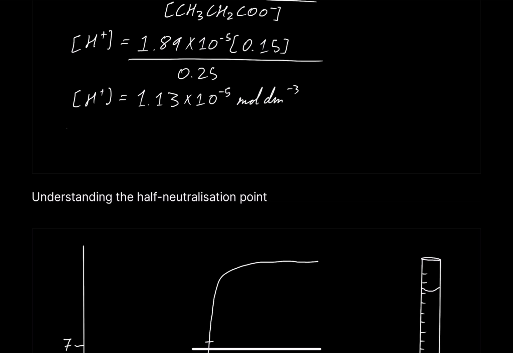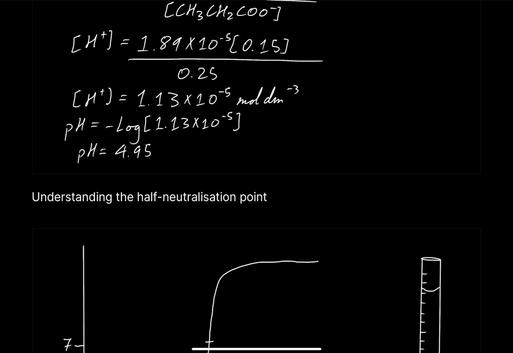Therefore, our pH is minus log of our H plus concentration. In your calculator you just use the answer key: our pH is equal to minus log base 10 of the answer, which is 4.95.